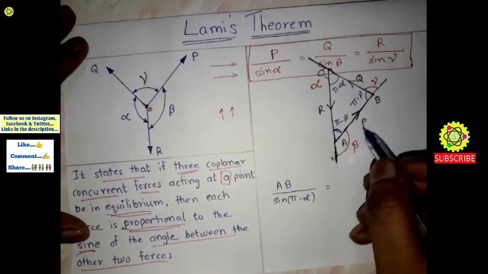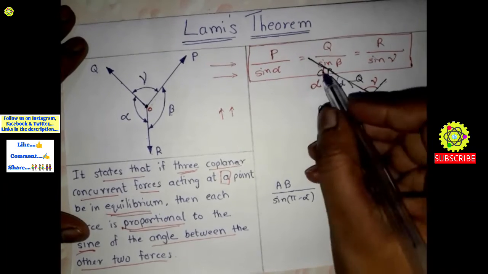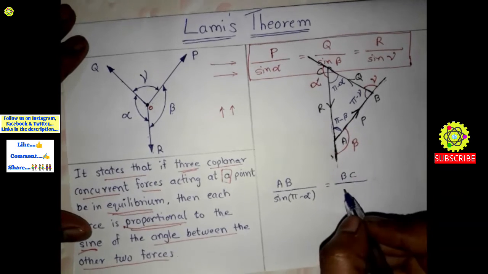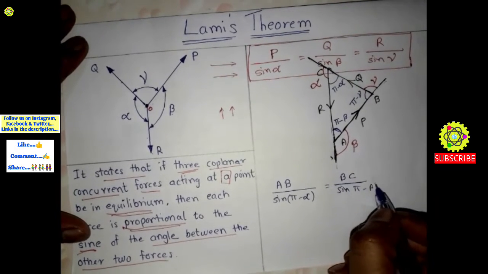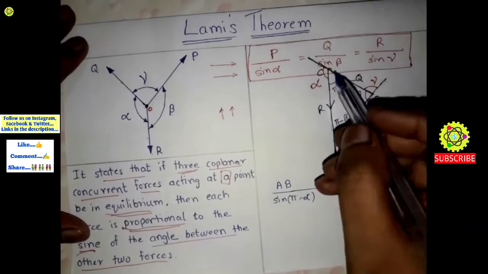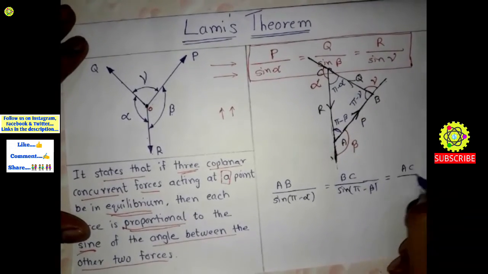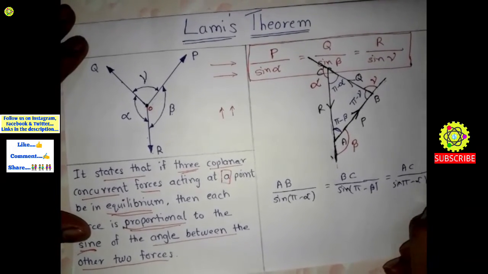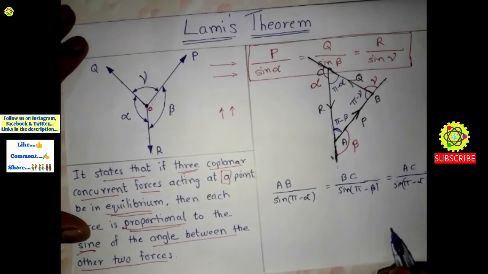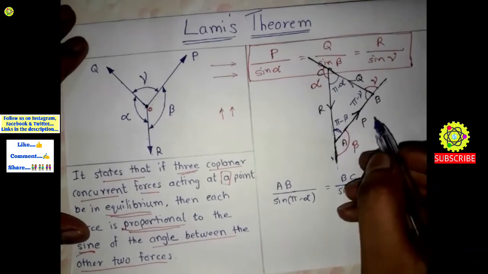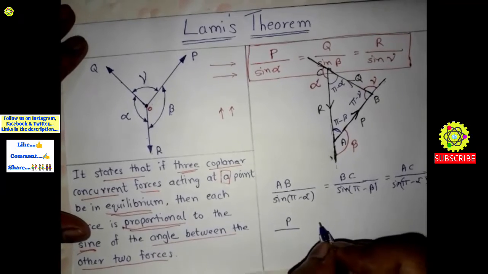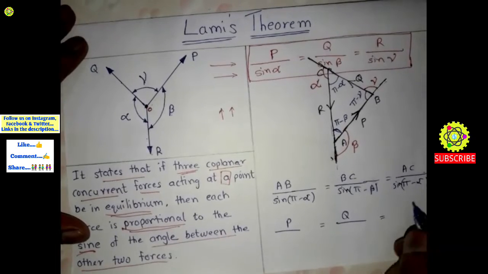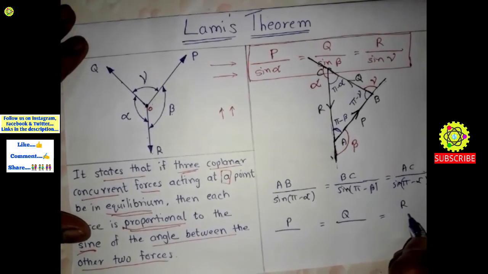Similarly, this is side BC, BC upon the opposite angle pi minus beta, so sine pi minus beta. Further similarly, AC, opposite angle is pi minus gamma, sine pi minus gamma. So here from this we will get, as we know AB is our P, then BC is Q, then AC is R.